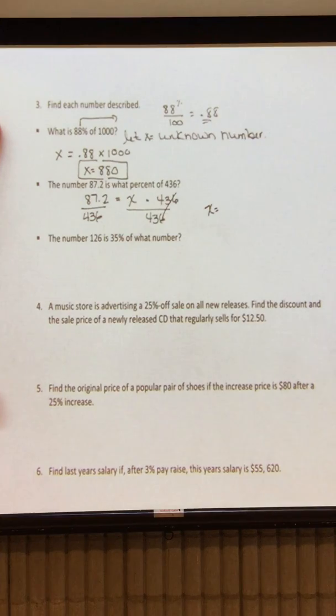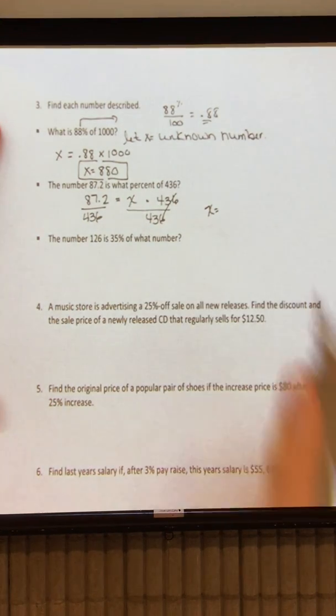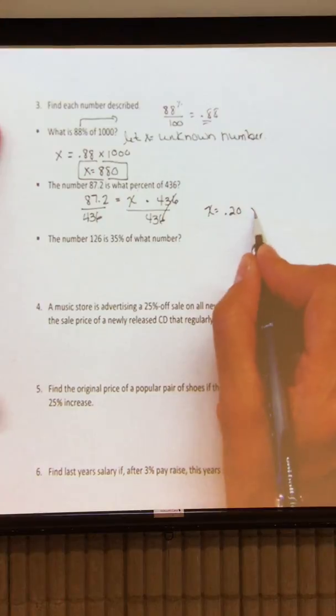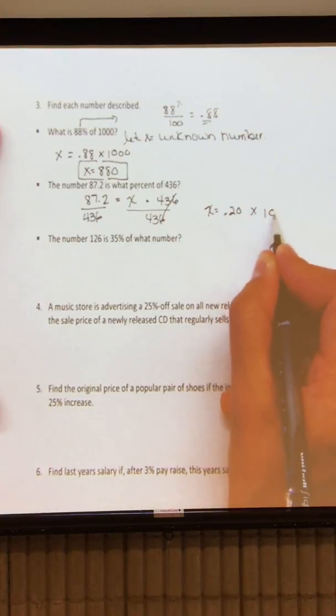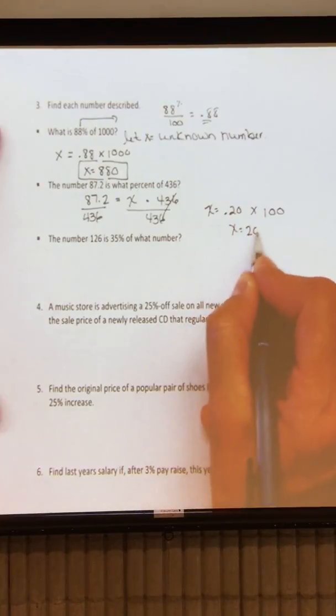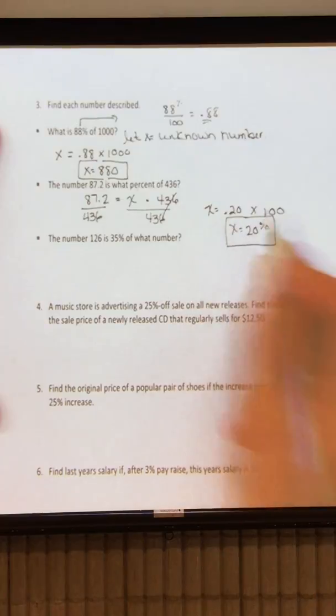So x is equal to 87.2 divided by 436, which is 0.20, and it asks for the percent. So changing decimal to percent, we multiply by 100. So x is equal to 20%, which is 0.20 times 100.